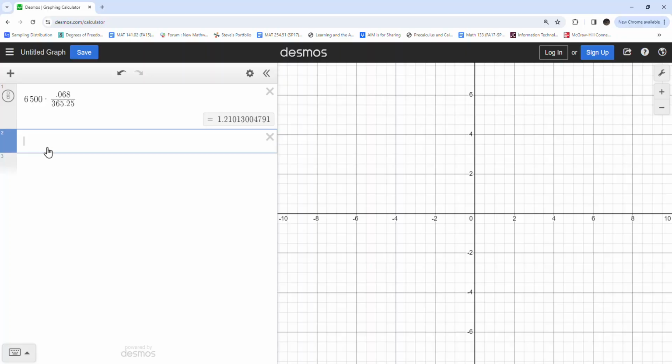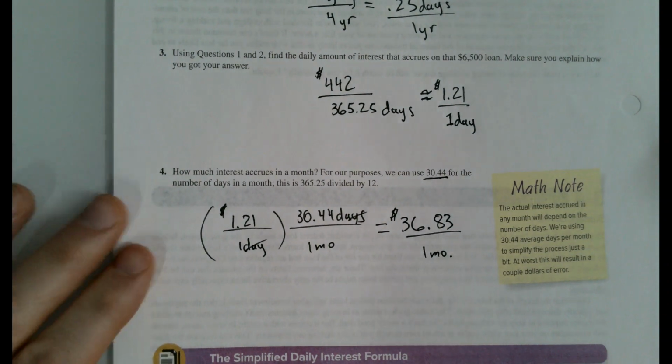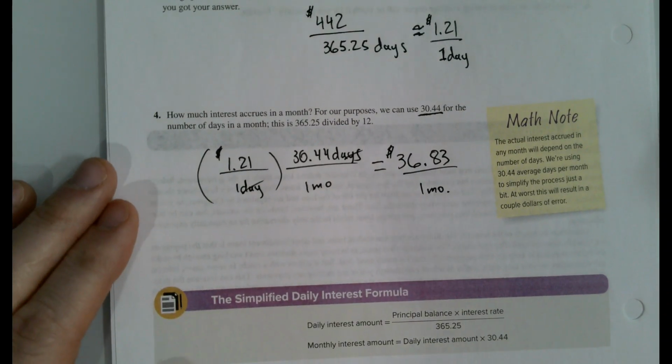So 1.21 times 30.44. We're being charged $36.83 per 1 month. So there it is, the monthly interest we're being charged.